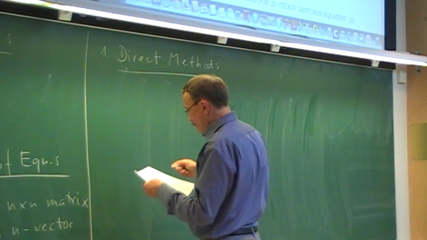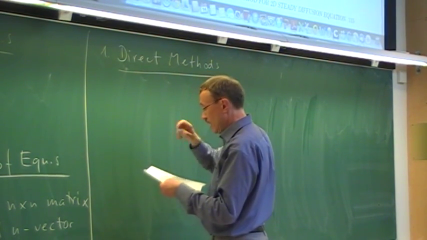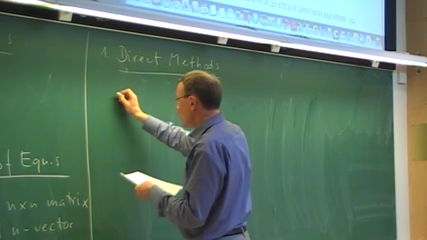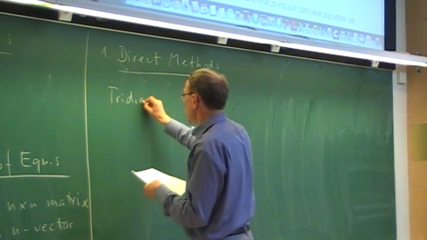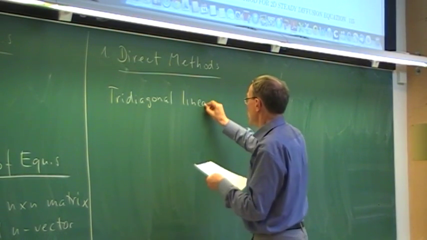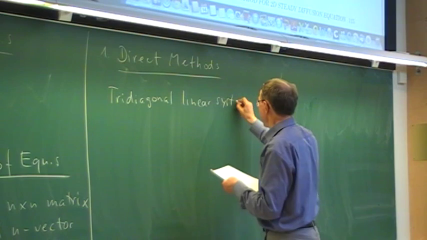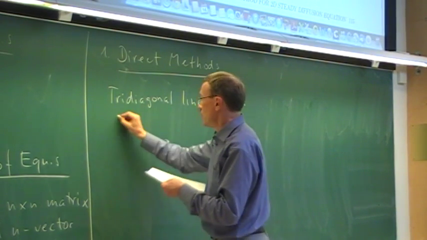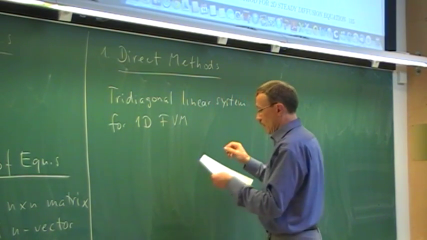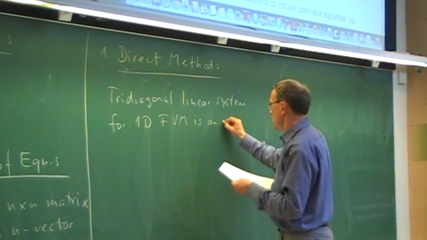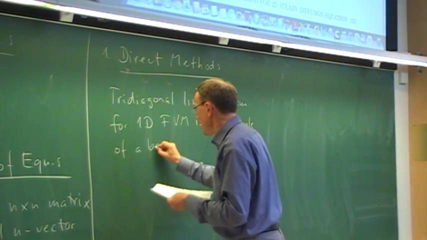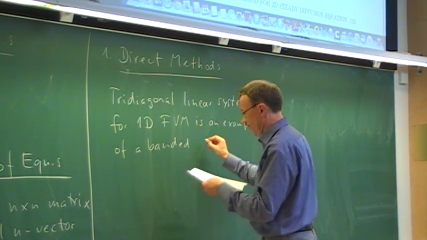So that means, this matrix that we get there is a tridiagonal matrix. So let's see, the tridiagonal linear system that we get for the 1D finite volume method is an example of a banded system.